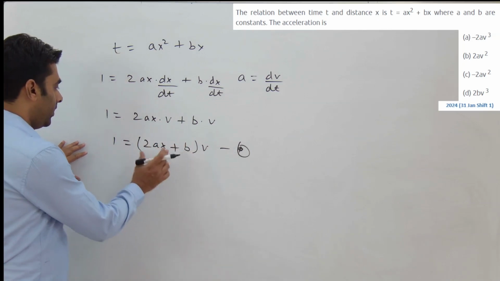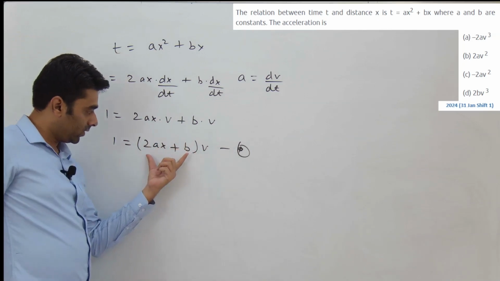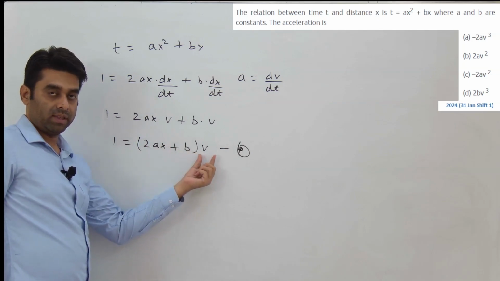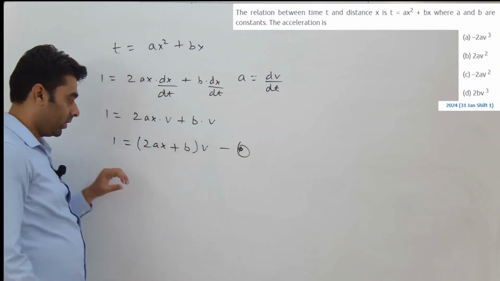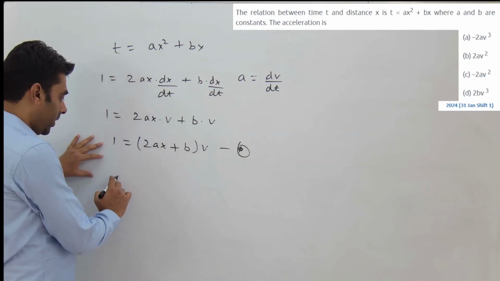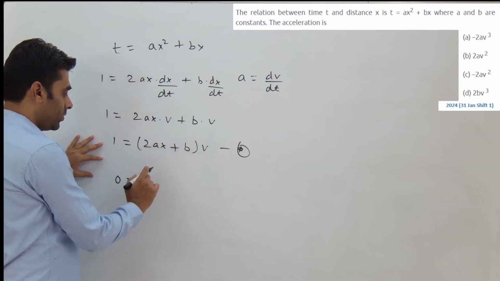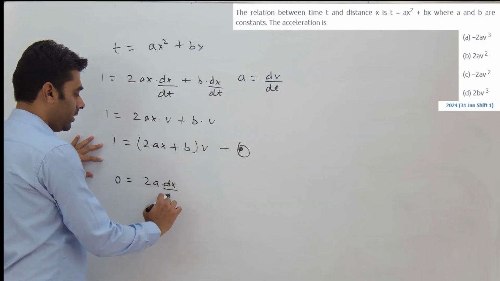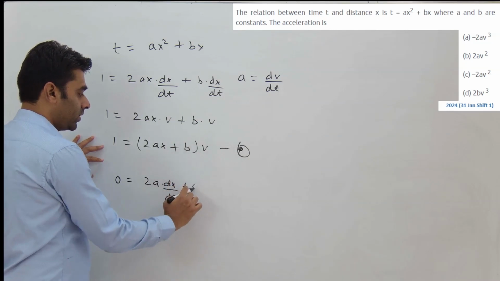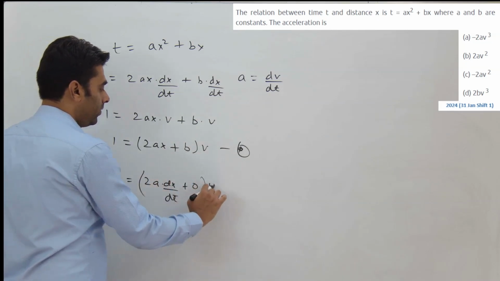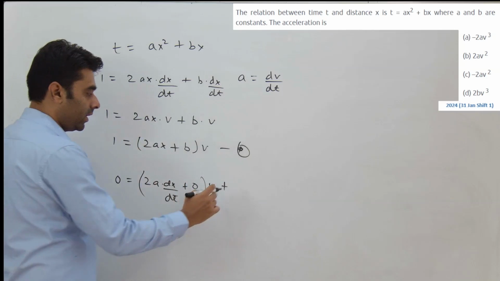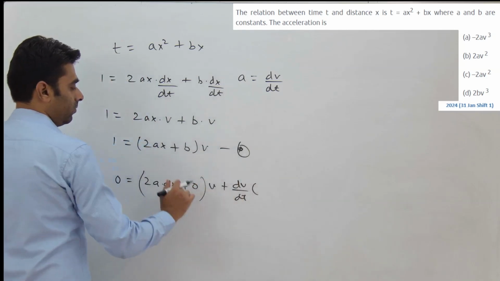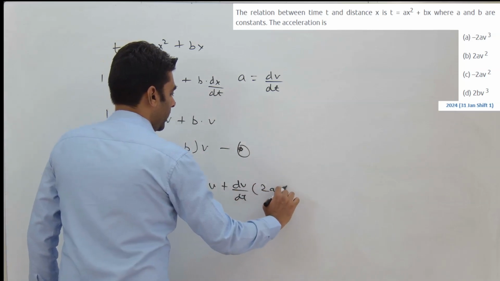Over here we have x and v, two variables, so we'll use the product rule. If we differentiate with respect to time, 0 equals, first of all, the differentiation of 2ax plus b, which is 2a dx by dt plus 0 for the constant b, into v, plus the differentiation of v, dv by dt, into 2ax plus b, which we keep as it is.